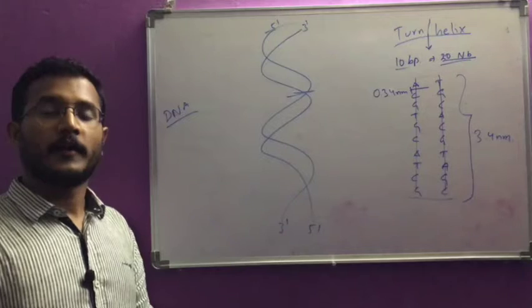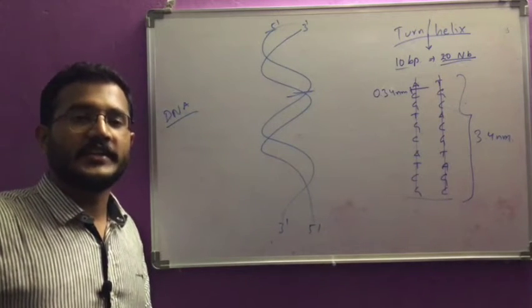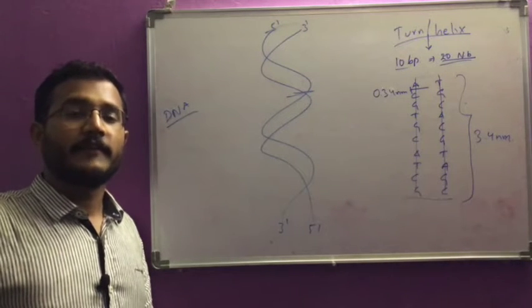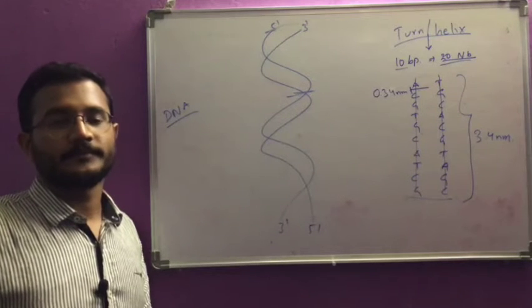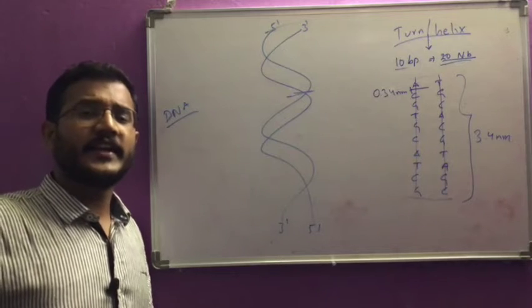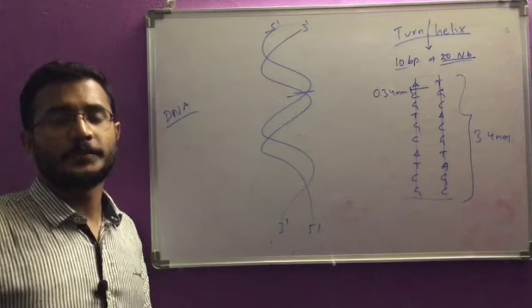And why is DNA more stable? It has a double-stranded nature and is very less prone to mutations. That's why from one generation to another the genetic material is very stable. And one more thing, the basic DNA is the same for every species.